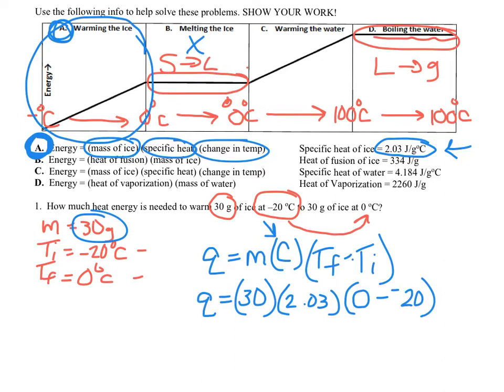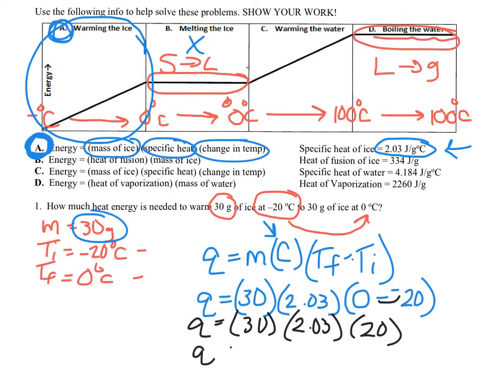So here we go. If we start doing our math to solve for Q, or the heat, minus and a minus mean a plus, so 0 plus 20 is really 20. So we'll make that 20, make that 2.03, make that 30, and then we're going to put that into our calculator. When we plug 30 times 2.03 times 20, we end up with 1,218 joules. Okay, and that's positive. What does that mean?